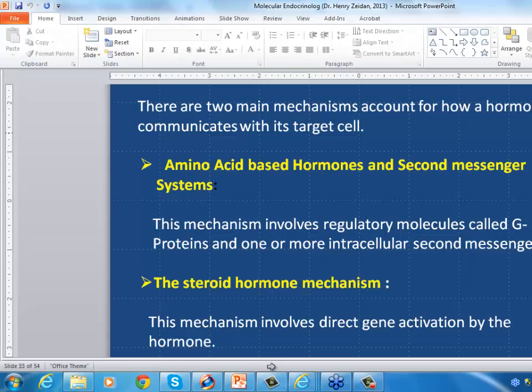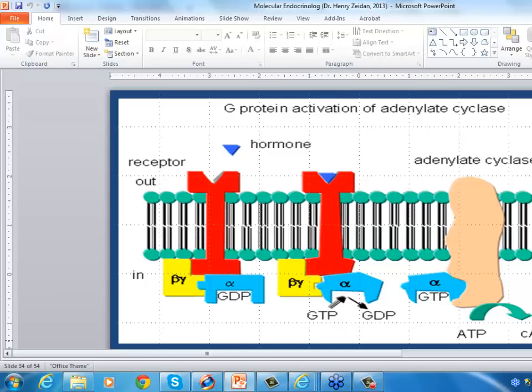So I'd like you to keep that in mind: gene activation by the hormone. When you look at this presentation, it shows Gi protein activation and adenylate cyclase activation that tends to release cyclic AMP.